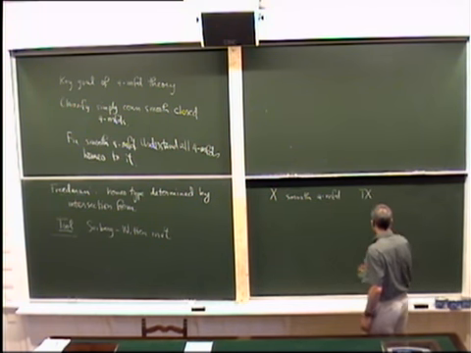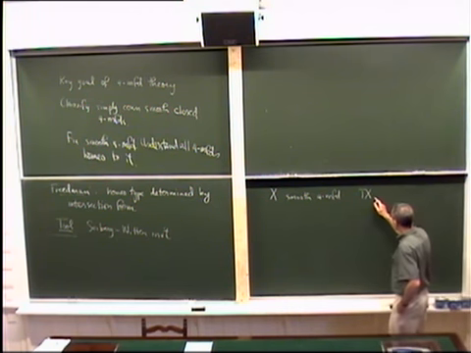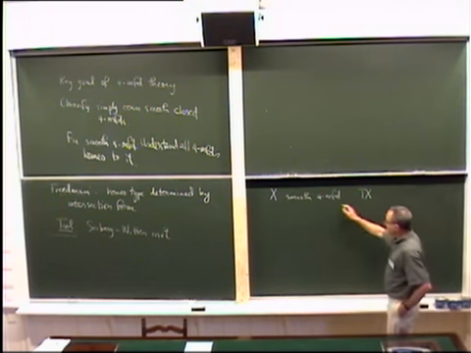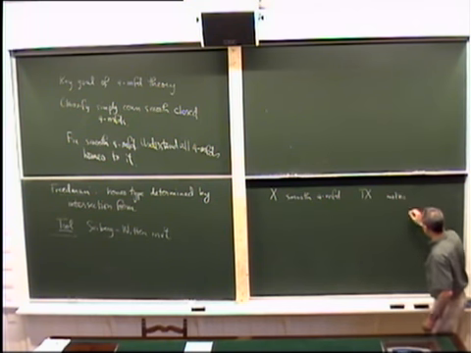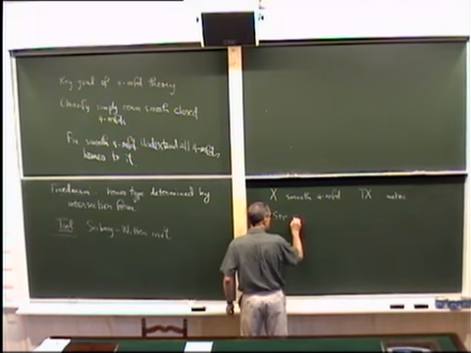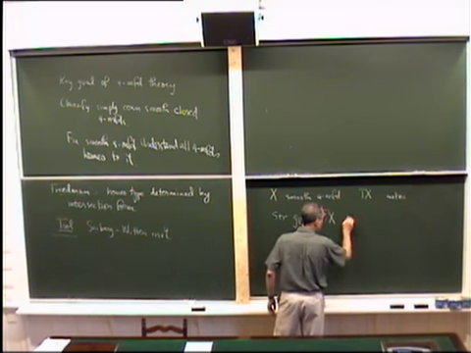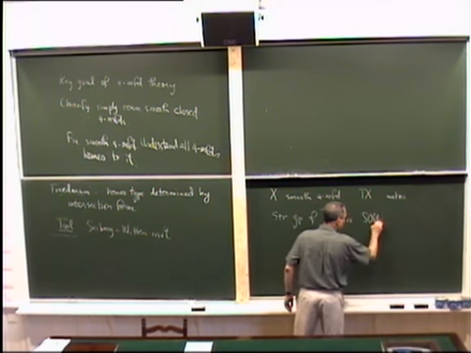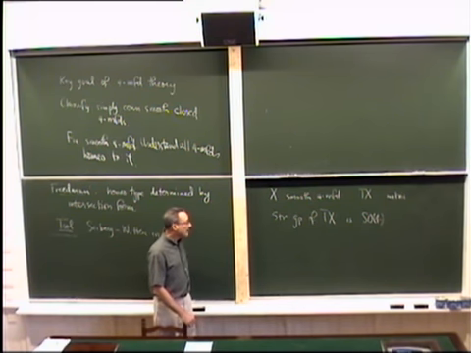And its tangent bundle, TX. If you put a metric on X, then its structure group becomes SO(4). Now SO(4) is not simply connected.